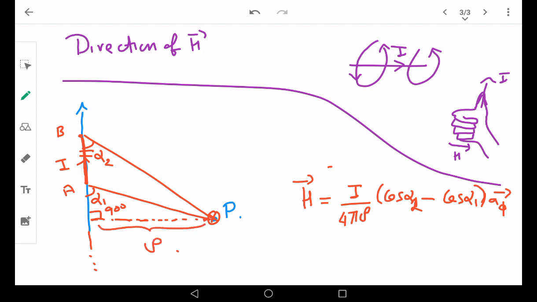That is how we will define the magnetic field for a straight filamentary conductor.